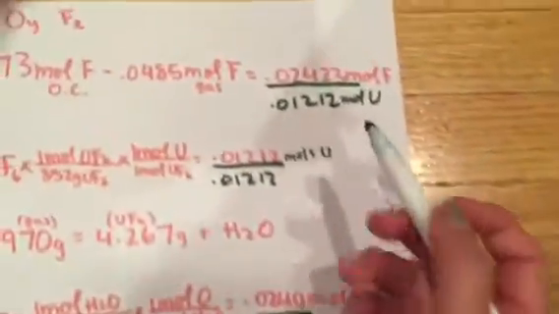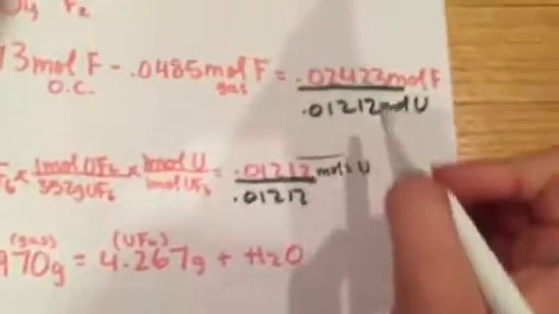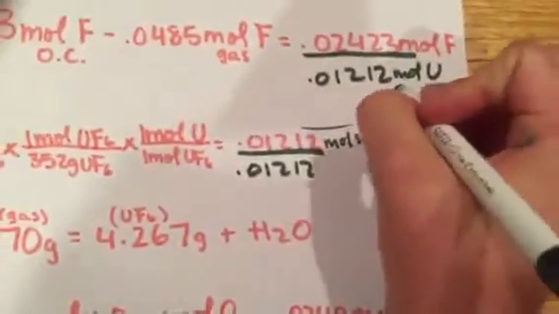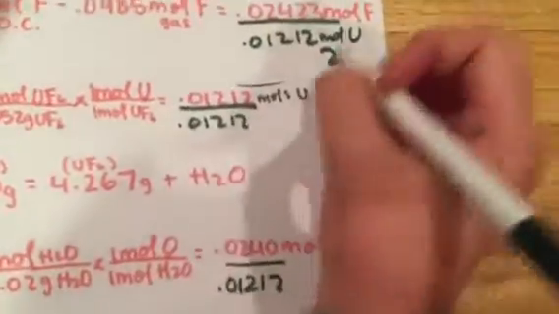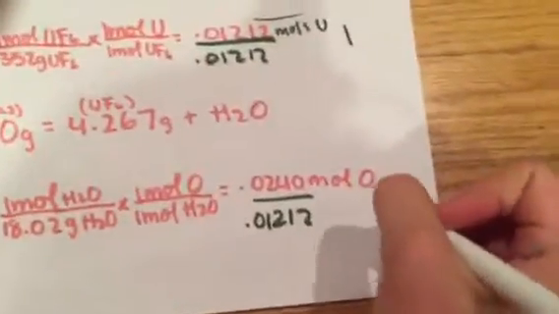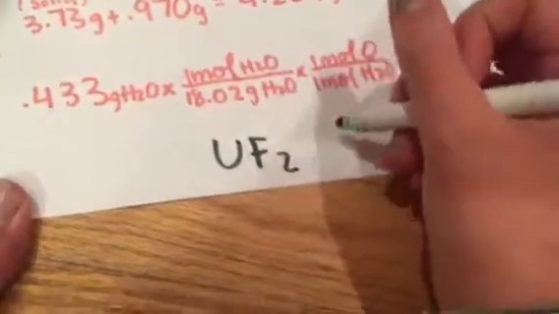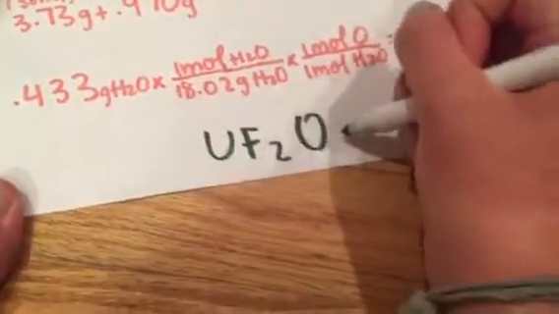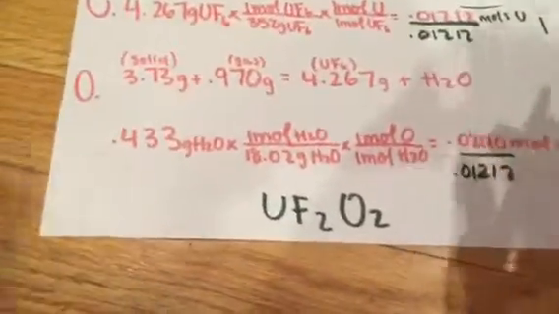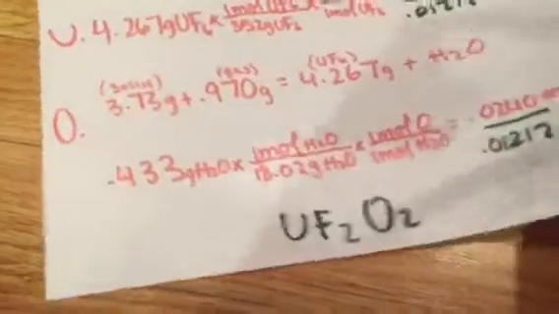Alright, so when we do this in our calculator, we get 2. For this one, we get 1, and for this one, we get 2. So our final equation for this is UF2O2. Alright, so that's our final equation for the solid.